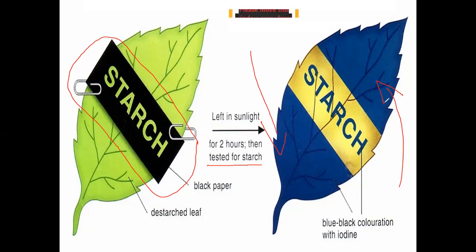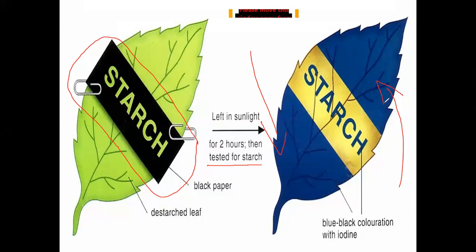So this is the analysis. After covering a part of the plant, which is green, only the part which is not covered shows dark blue color with the iodine test, while the part that was covered by the black cover shows the yellow color. What does this indicate? This indicates that the starch was produced in the part exposed to sunlight, while it's not produced in the part that was covered by the black paper.